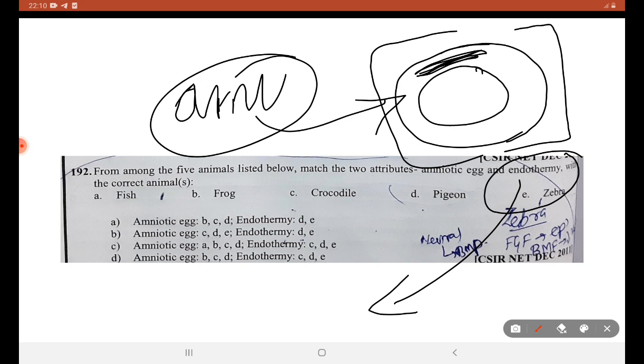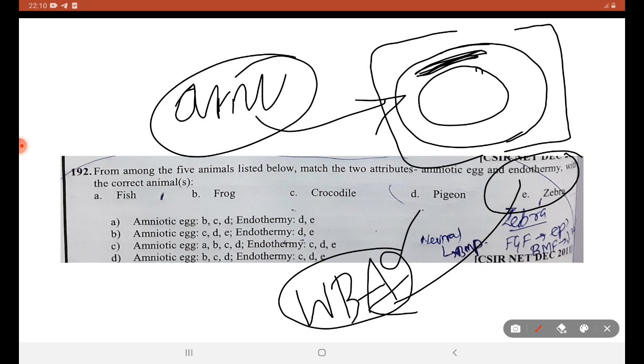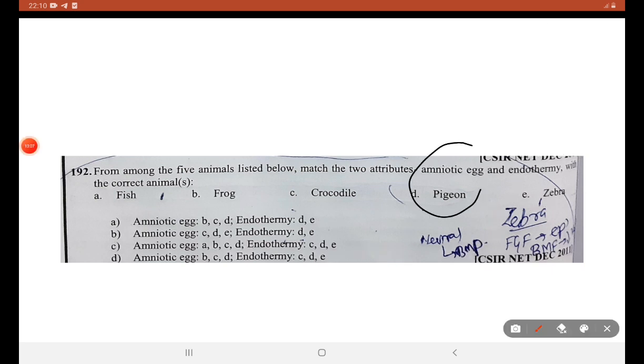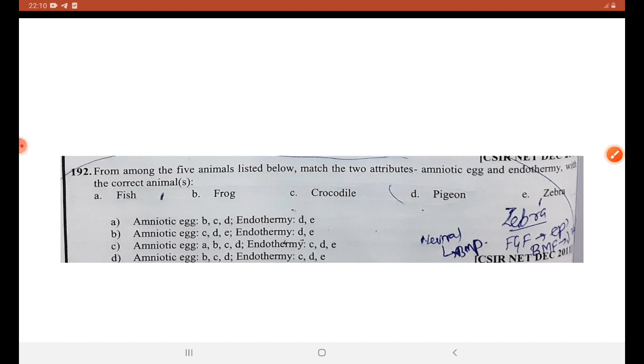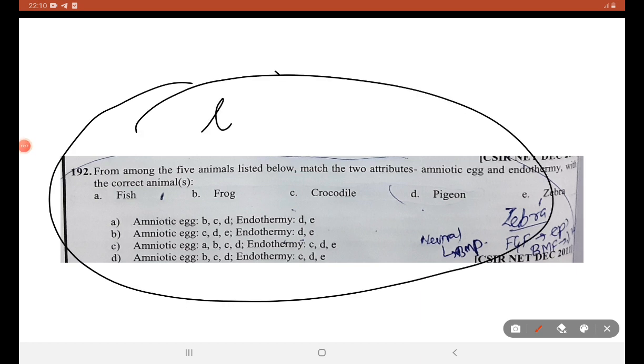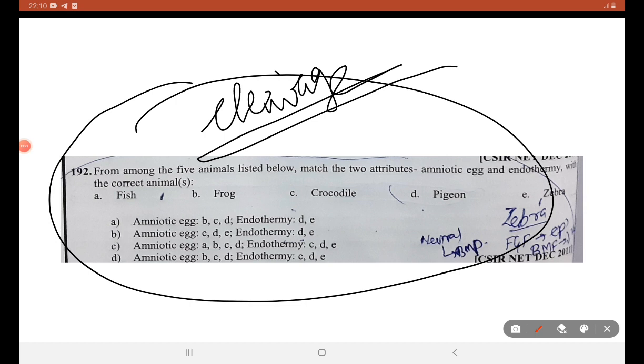Endothermic animals are warm-blooded animals. With this basic understanding of these two terminologies, let us try to solve this question. This question actually doesn't relate to cleavage. This will be included in another video.